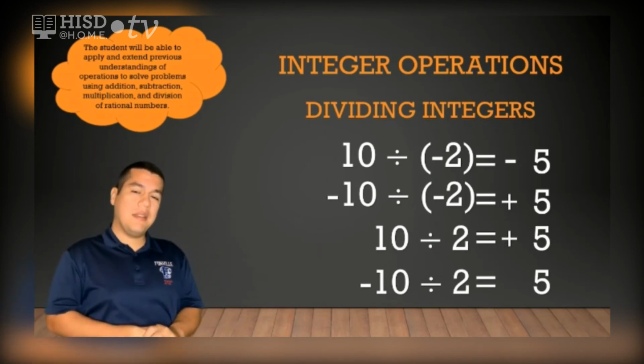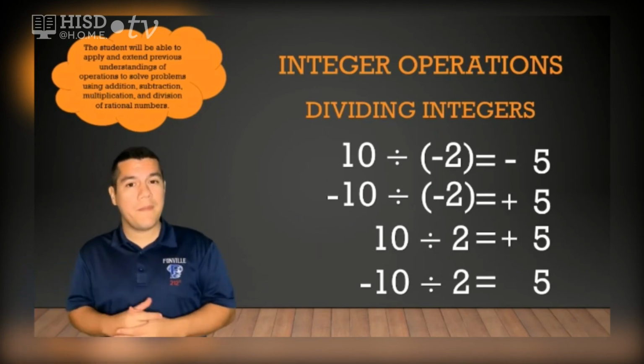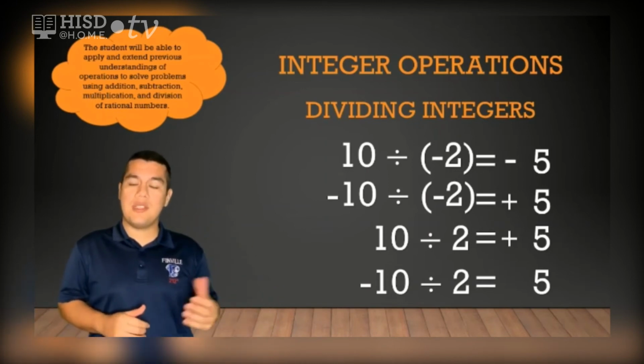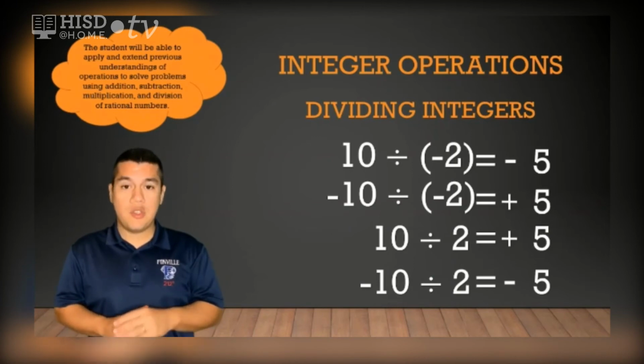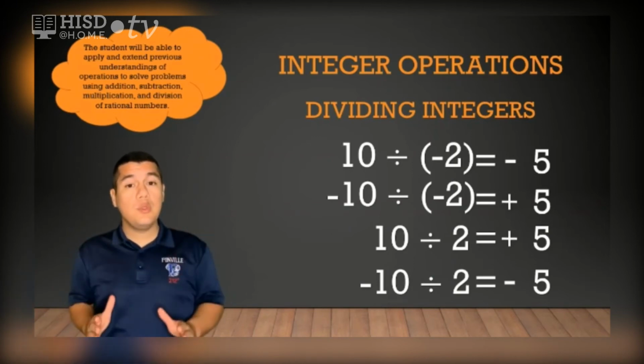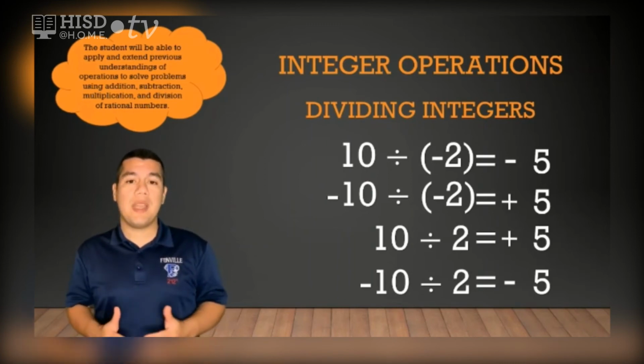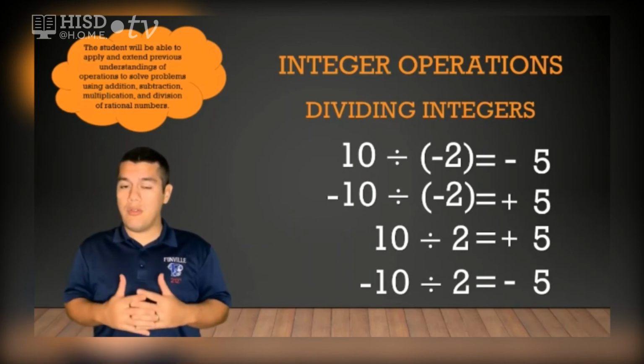And negative 10 divided by positive 2, since both are different, the result is going to be negative.